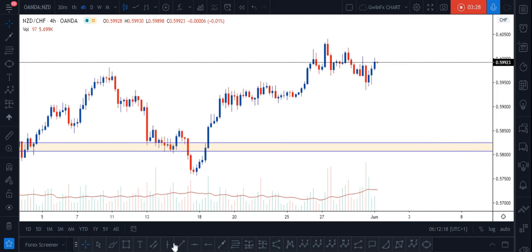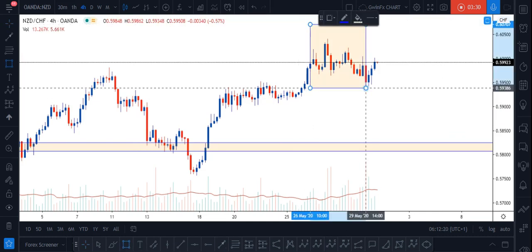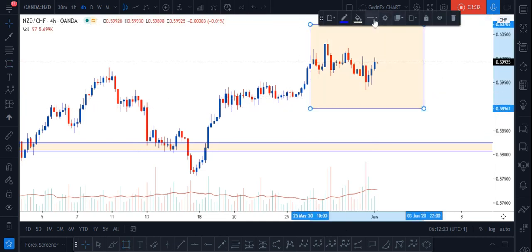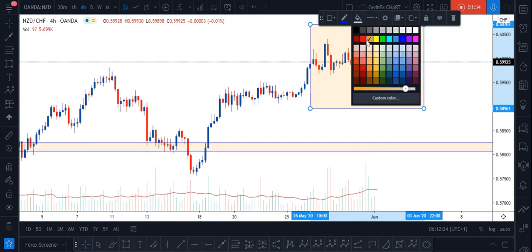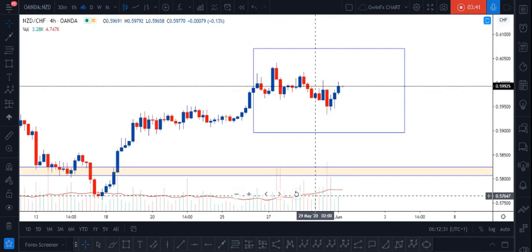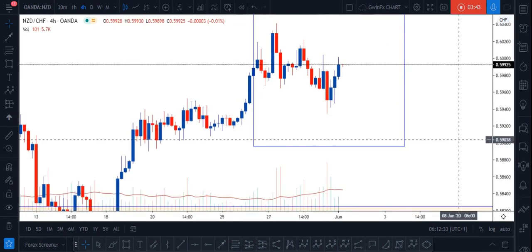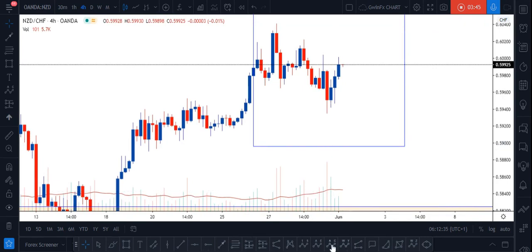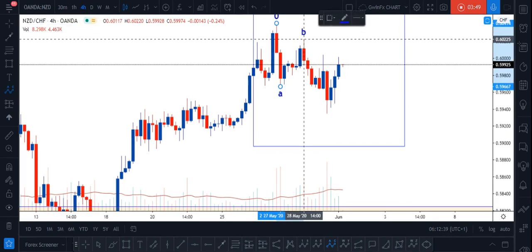One of the things I could identify inside of the area here, which I have marked out, is that in the bid to push, I can identify this structure here. This could be a possible running flat, or this could be a zigzag of the ABC.